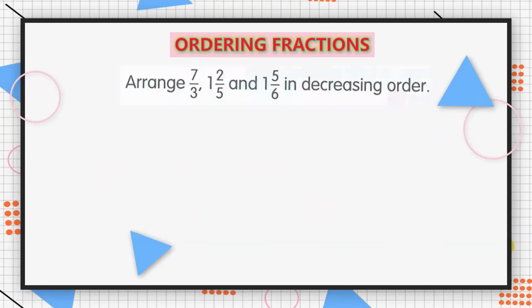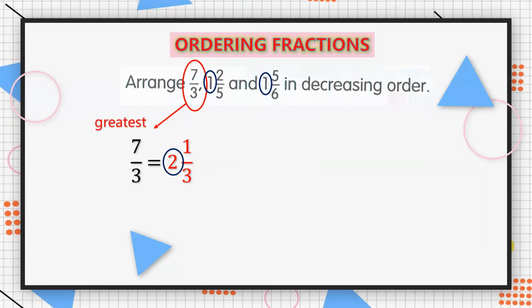First, let's convert 7 over 3 to mixed number. 7 over 3 is 2 and 1 over 3 in mixed number. Comparing all the whole numbers, 2 is the greatest. Therefore, 7 over 3 is our greatest fraction.